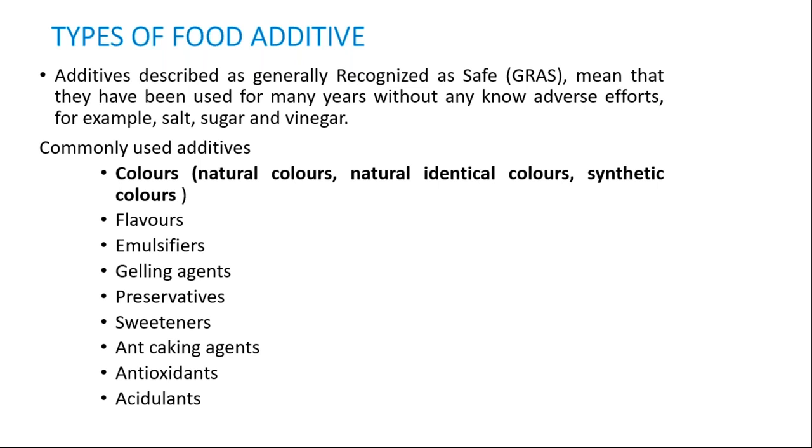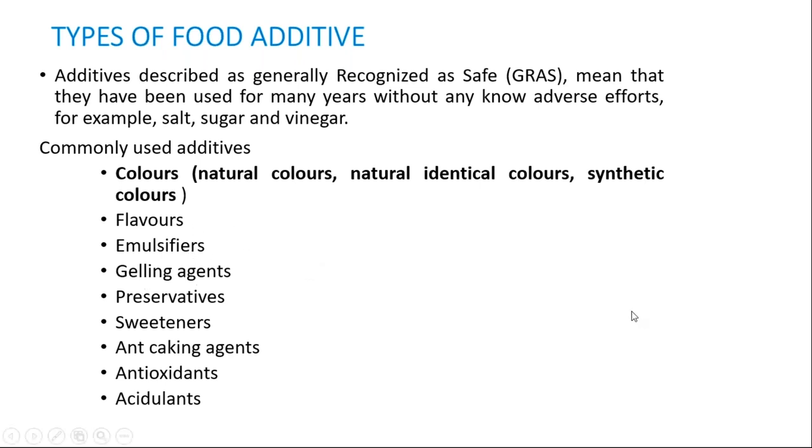So the commonly used additives are the colors, the artificial colors, as well as the natural colors to change the appearance of the food. Flavors, because everybody has a liking for a different flavor, especially in the ice cream industry, because everybody has an individual liking for a particular flavor.